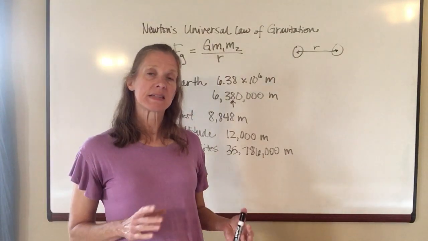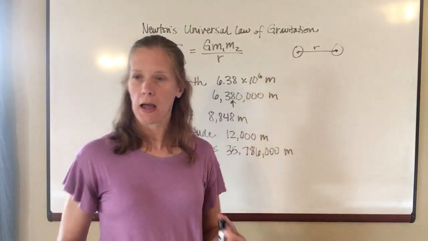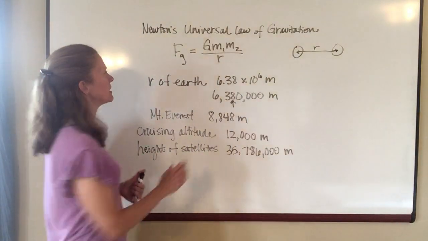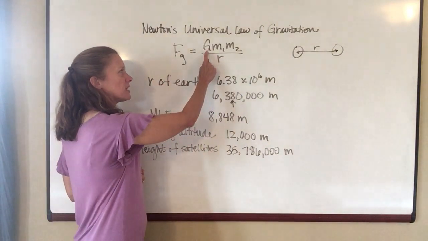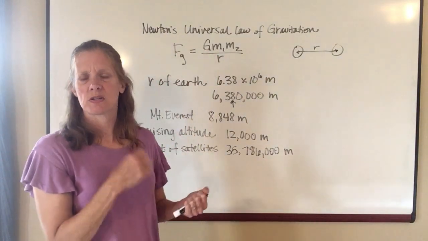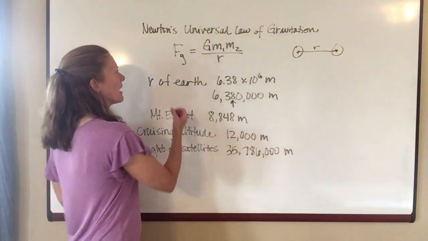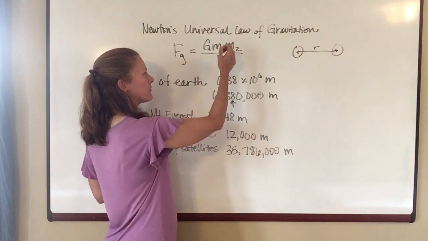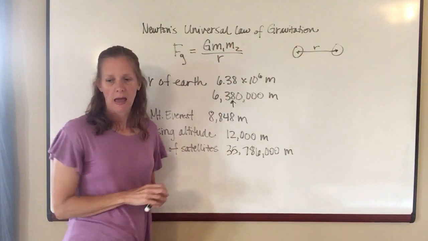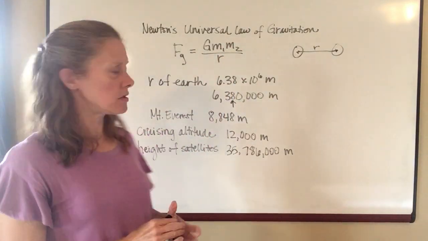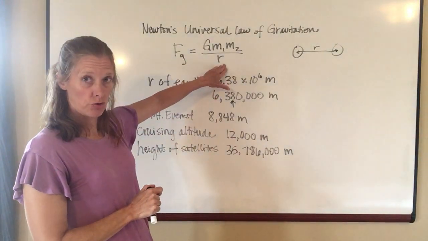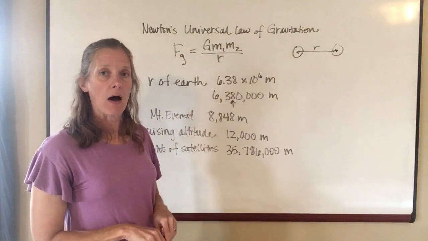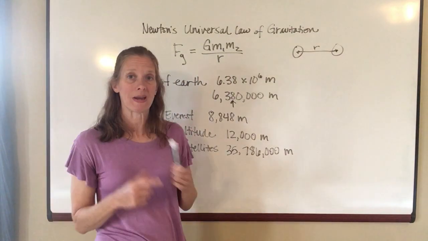Now, I don't know if you were able to catch the derivation that he did. Basically he said, okay, if I put in the gravitational constant, which is 6.67 times 10 to the minus 11th, the mass of the Earth, and the radius of the Earth, and I divide it out, I end up getting 9.8.